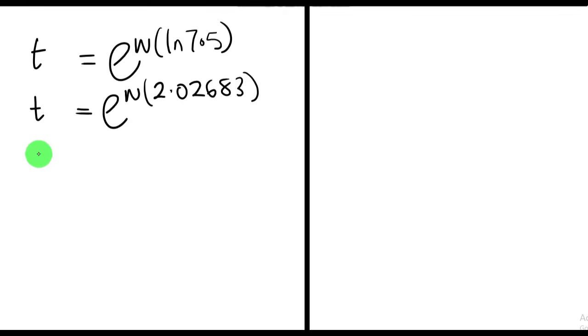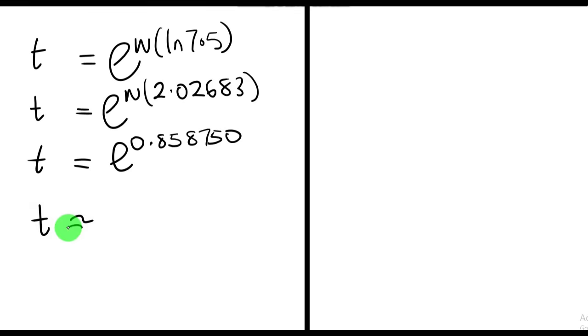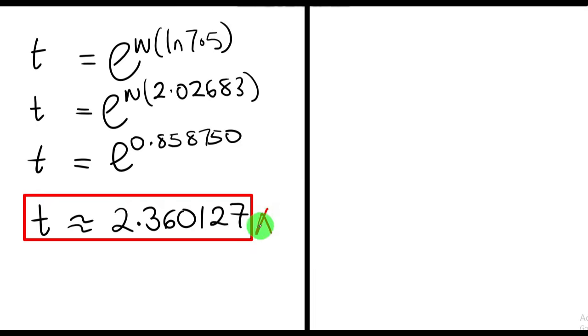So t equals the exponential of 0.858750. At the end of the day, t is approximately 2.360127, which is the exponential of 0.858750, the final answer.